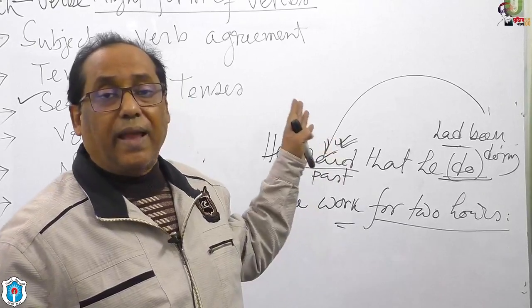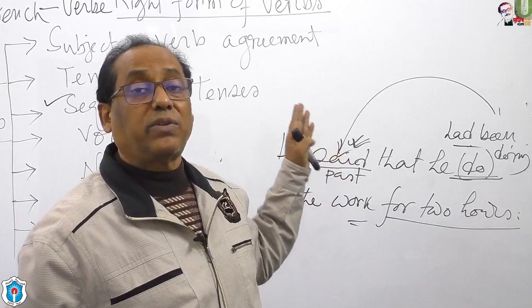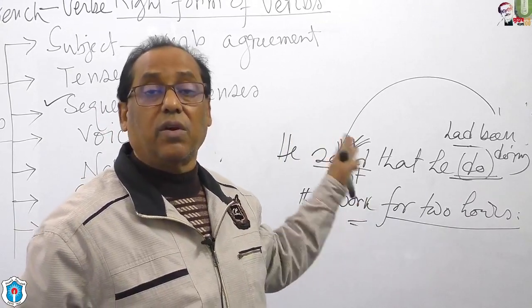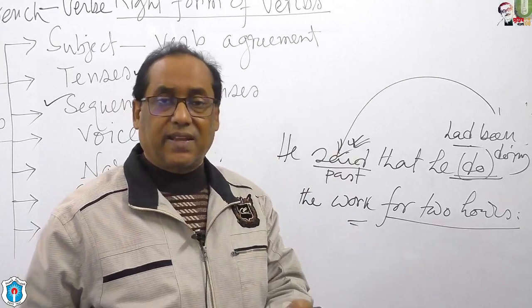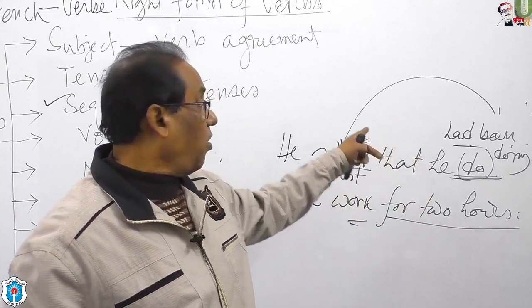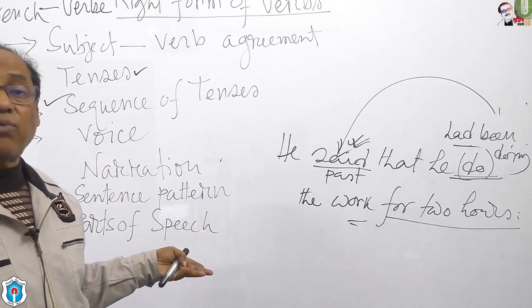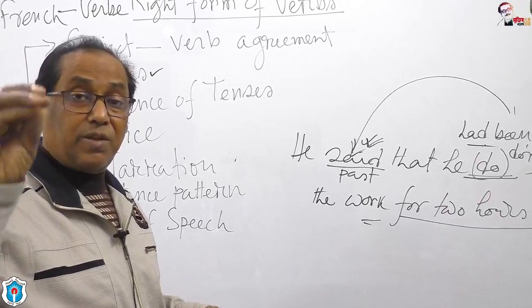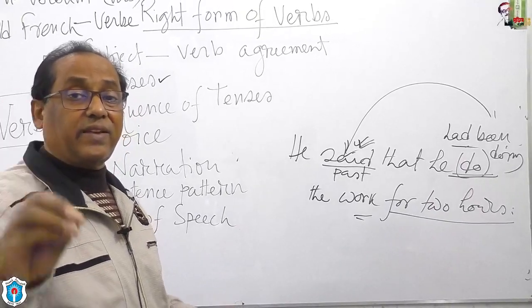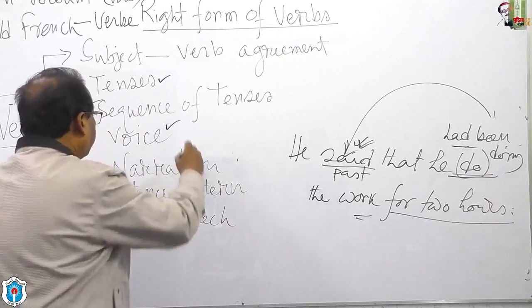Today I am just giving some hints about the factors related to verb, and in next classes I shall discuss all these items one by one in detail. Okay, today I am just giving you some hints that you need to know, right? Now another factor is voice.